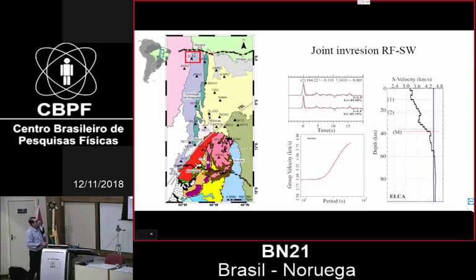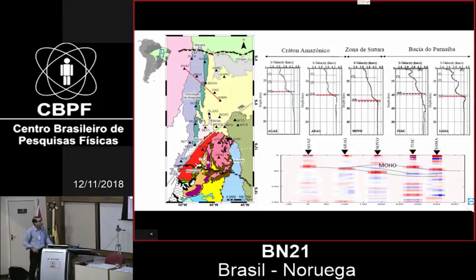This is the kind of result that we can obtain from this station, the joint inversion, and then we obtain a model that can define upper, middle, and lower crust, and the S velocity for the crust and for the upper mantle as well. This is a profile, and this one is a CCP from this profile, two different methods, but they are complementary.